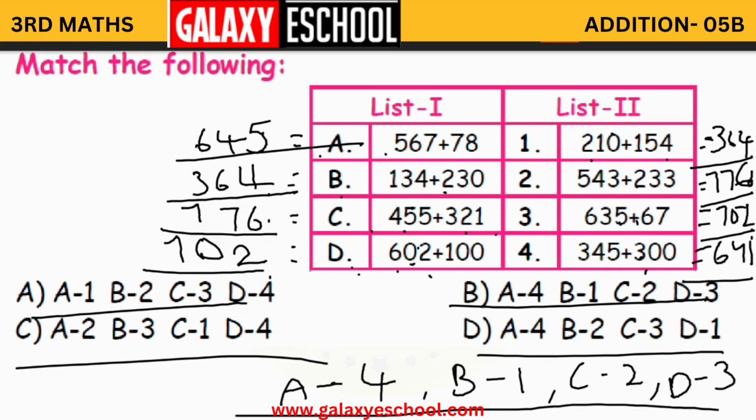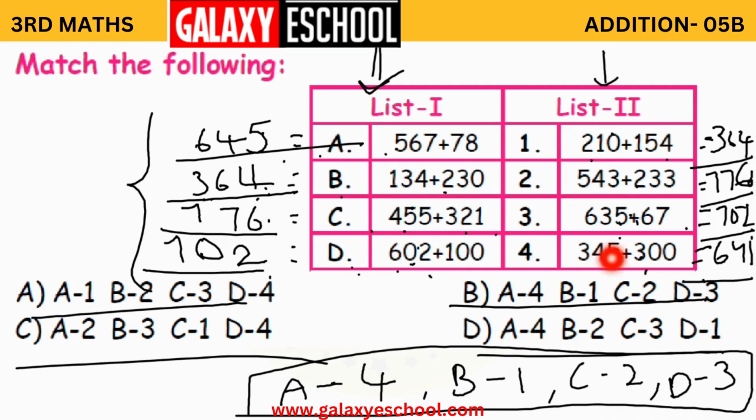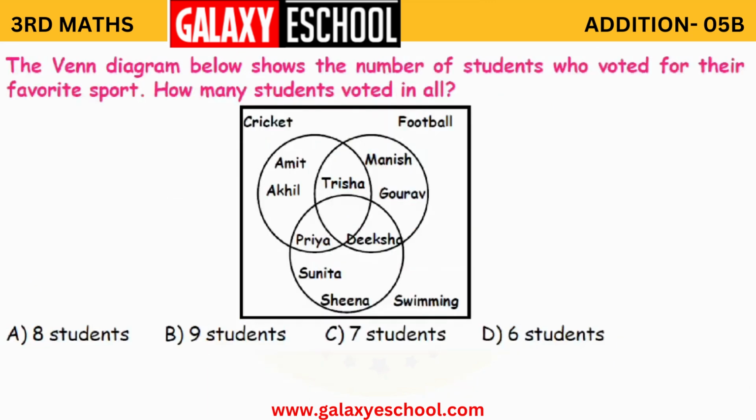So D is equal to 3. Okay children, now this is another way of solving this question. Write all the answers and then cross check which number in list A is equal to the option in list C. Now what is the correct option here children? Option B. A4, B1, C2 and D is equal to 3.